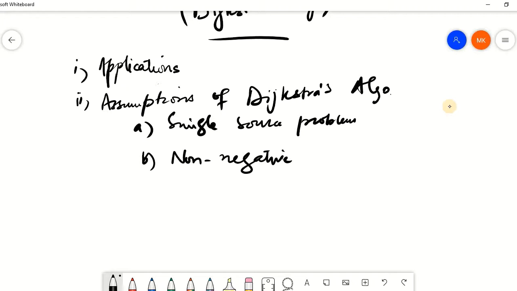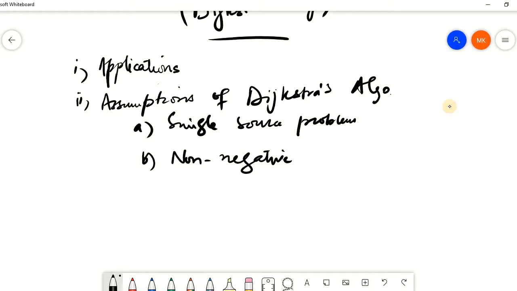We may have a possibility where some tasks are going to let us lose money while others may let us make more money. So one of them may be represented with a negative sign and the other as positive. If that is the case, then Dijkstra's algorithm cannot be used for finding the shortest path.